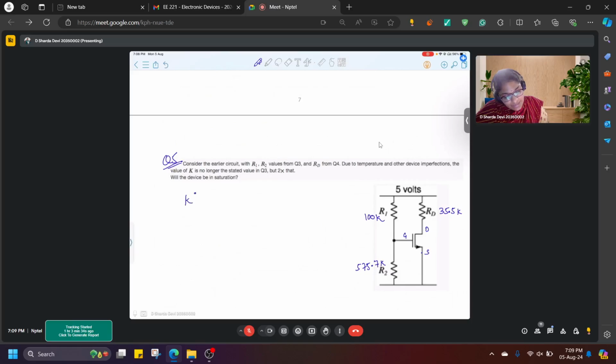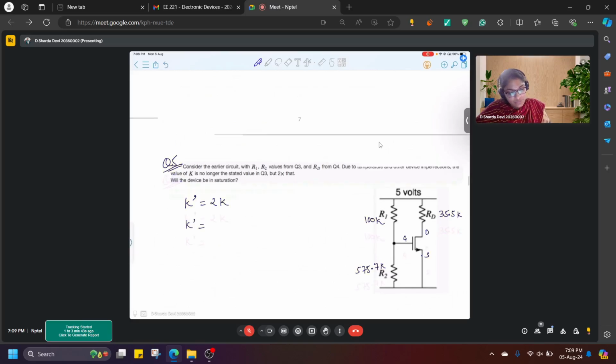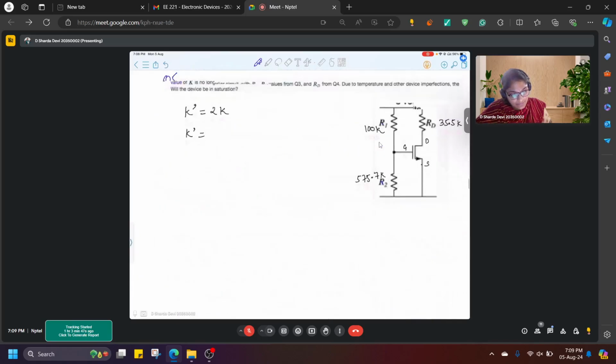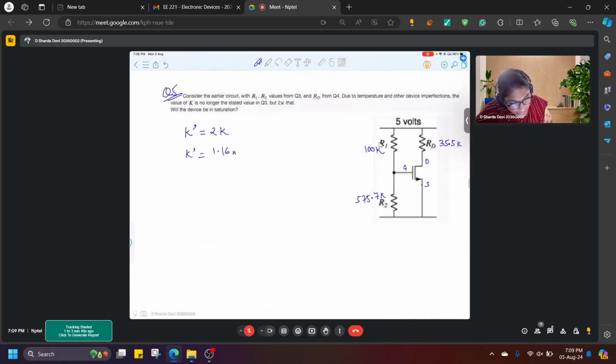So the new K dash is twice of K. So K dash is how much? In question number 3 it was 1.16 millisiemens per volt, into 2, which makes it 2.32 millisiemens per volt, K dash.